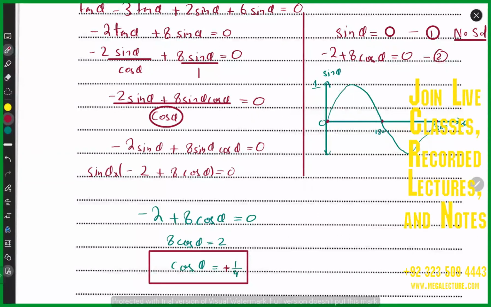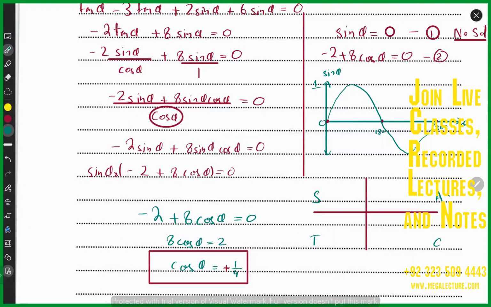So think about all the quadrants that we have. We only have 4 quadrants. Let me just quickly make the 4 quadrants. Now I'll quickly write it down this way: add sugar to cups. Cos theta equals positive 1 by 4. So when is cos positive?